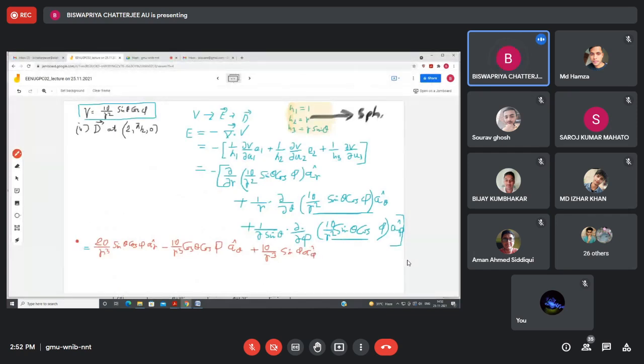So this is E equals to, we have evaluated E as that much.